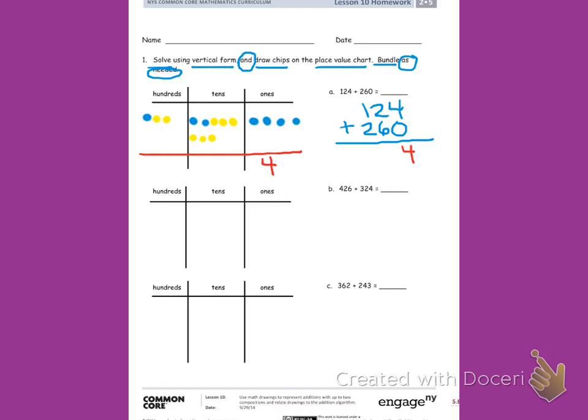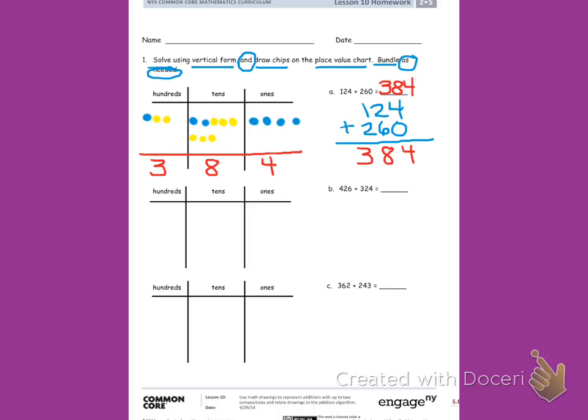Well, that equals 8 groups of 10. And 1 group of 100, which is shown in blue on my chart, plus 2 groups of 100, which is shown in yellow, that gives me 3 groups of 100. Take a look at that. The answer is 384. I better put that on the line.